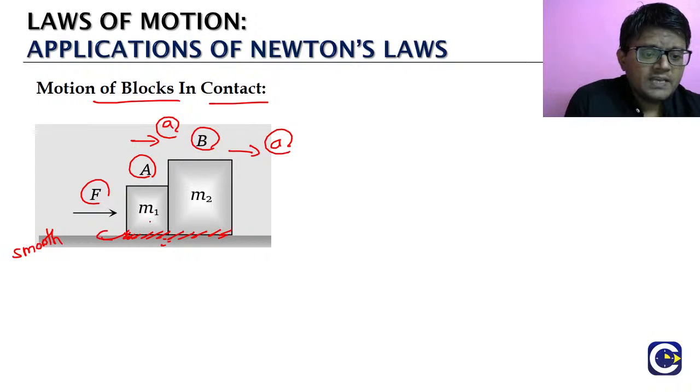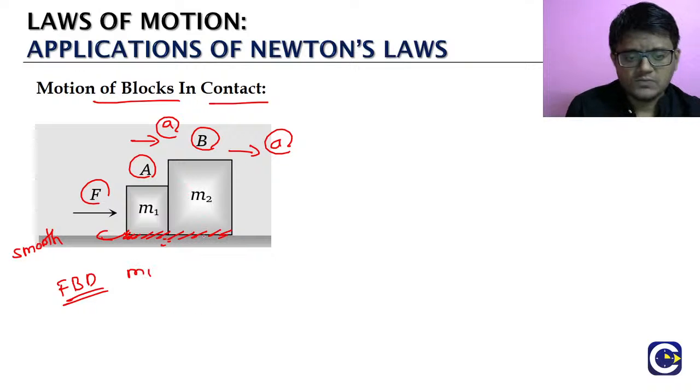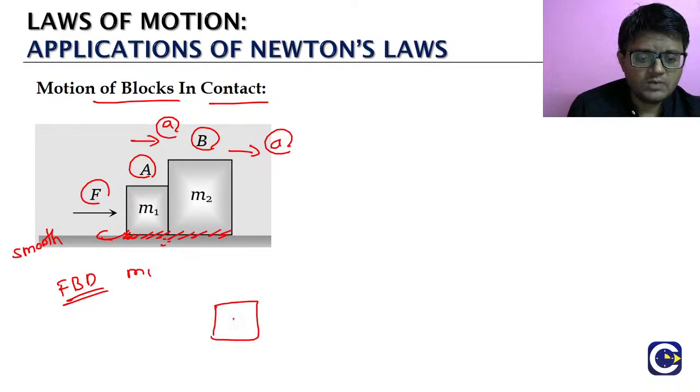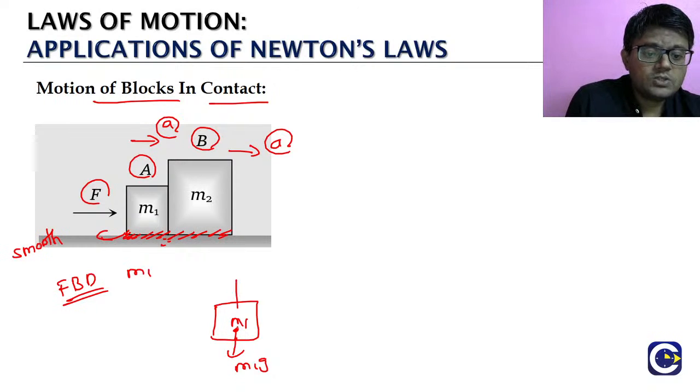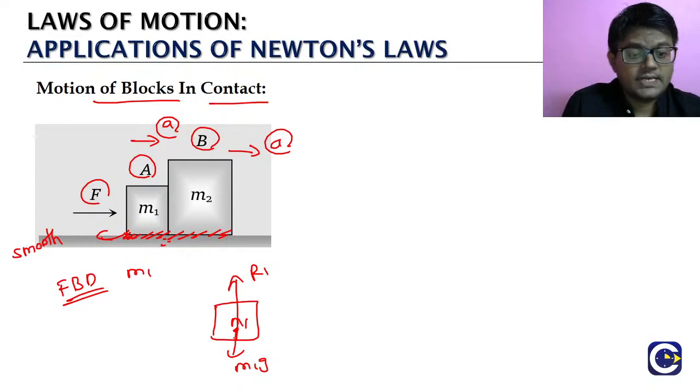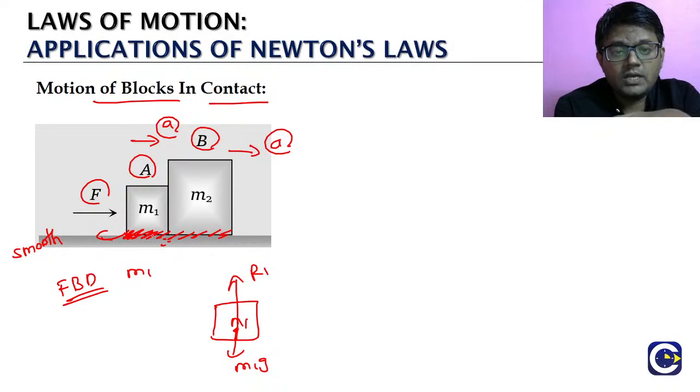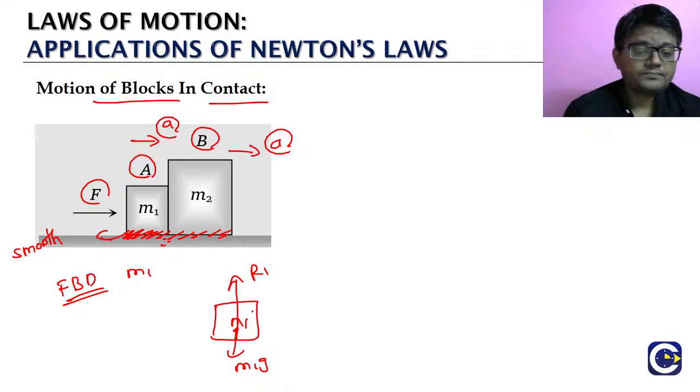We will talk about the free body diagram for this M1 block, the A block. Just draw that. So for M1, look at this: there will be a weight acting on it, M1 into g, and there will also be a normal reaction, let us call it R1, between block A and the floor. What about the horizontal direction forces?